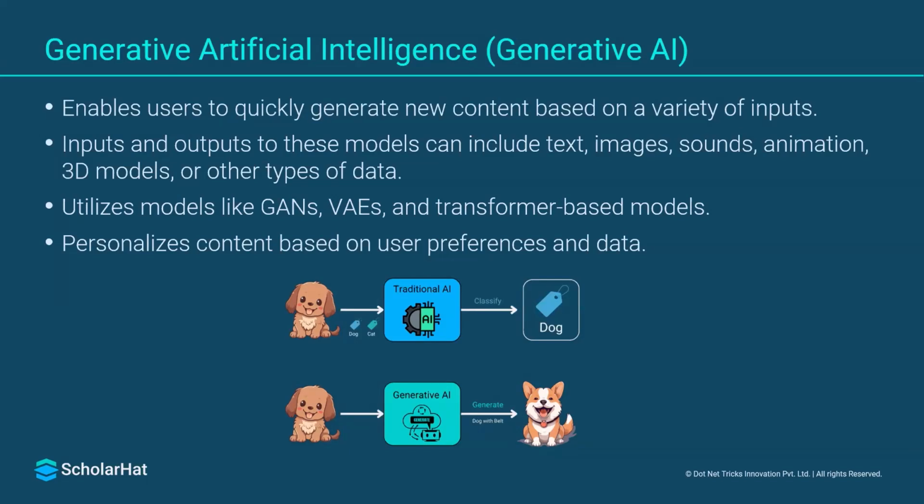But with a Gen AI based model, whatever you have trained, you can ask it to generate personalized content for you. You can give a prompt: generate a dog that has a belt, a brown color, and a long tail. This way, you give the prompt and you get that particular dog picture. That is generative AI.